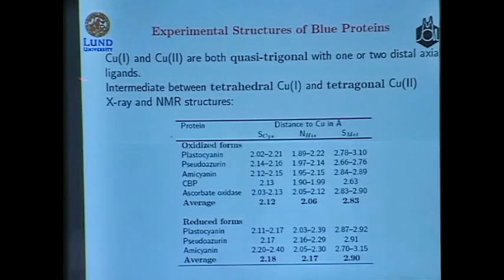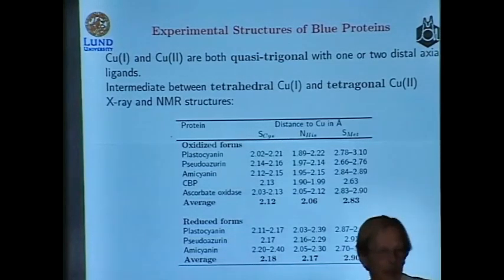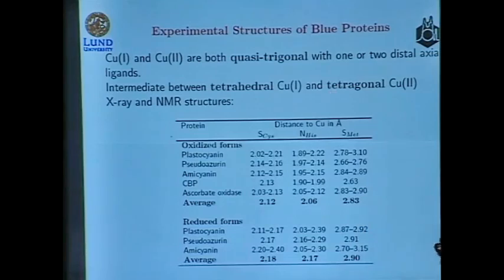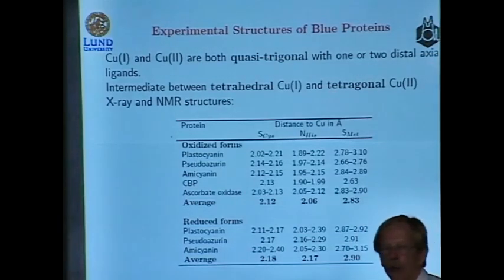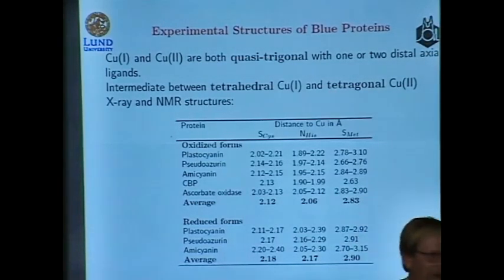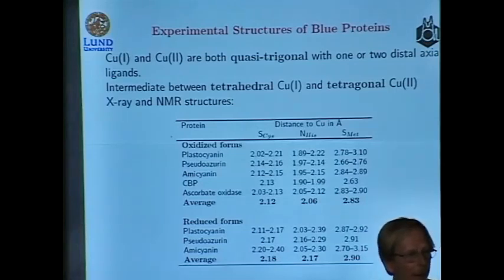So it's intermediate between the tetrahedral copper 1, because copper 1 is a closed shell, it's a tetrahedral structure, and the tetragonal copper 2. Now, of course, from the point of view of charge transfer, this is excellent, because it means that there is not much reorganization energy. Charge transfer is always hindered by the fact that when you take the electron away, the environment around it will reorganize.